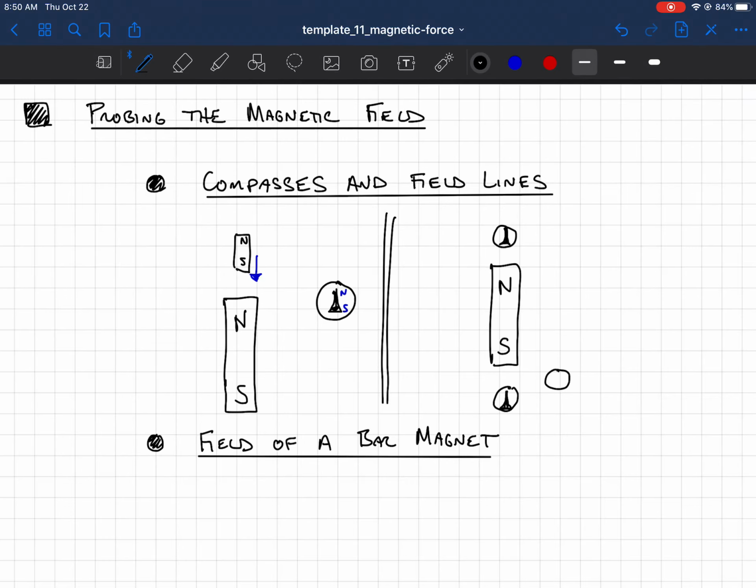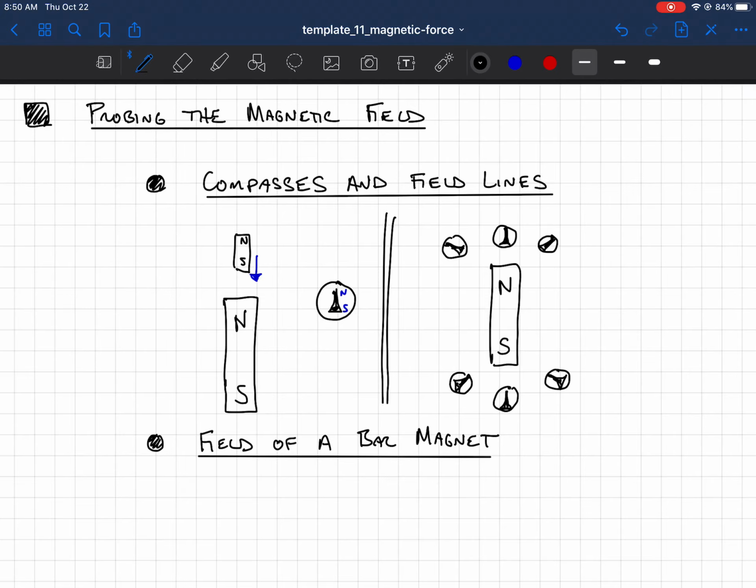And then if you sort of put it off to the side, again, you'll get the north attracted to the south, the north attracted to the south, something like this. And off to the side here, the south attracted to the north, and the south attracted to the north.